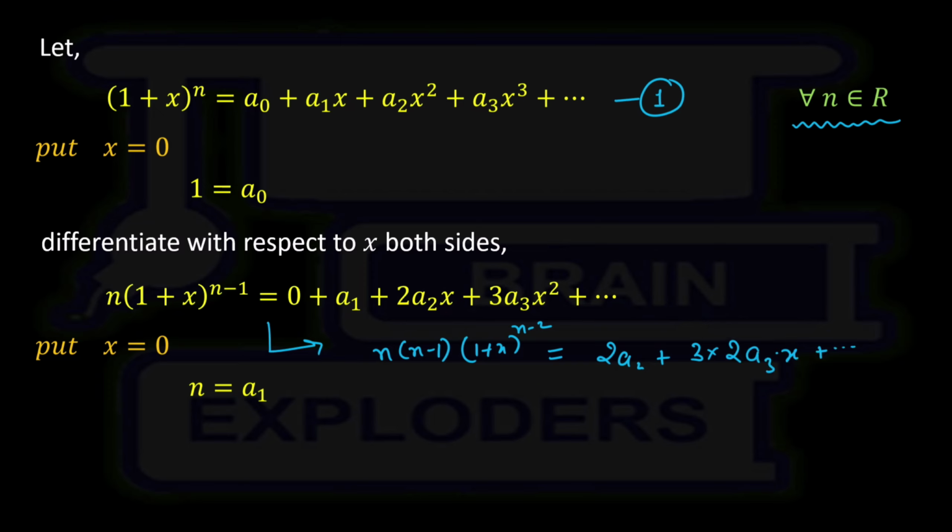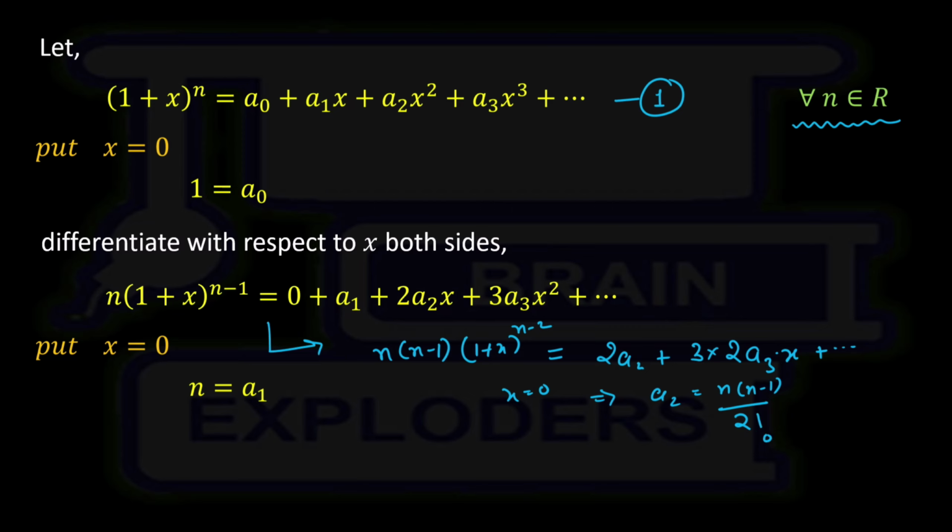And again if we put x = 0 on both sides, we get a2 equals n(n − 1) upon 2, and we can also write it as 2 factorial, right?